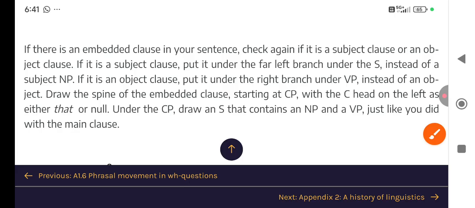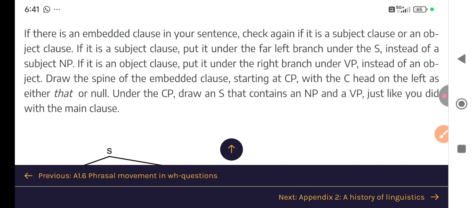If there is an embedded clause or subordinate clause or dependent clause, anything can be spoken. So in your sentence, check again if it is a subject clause or an object clause. If it is a subject clause, embedded clause I'm talking about, put it under the far left branch under the subject instead of a subject NP.